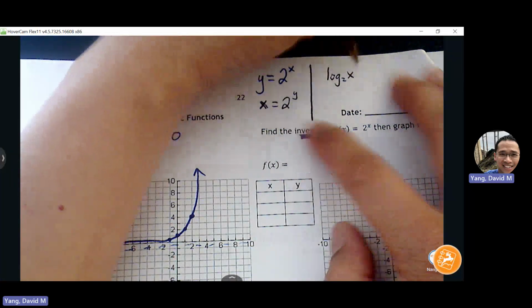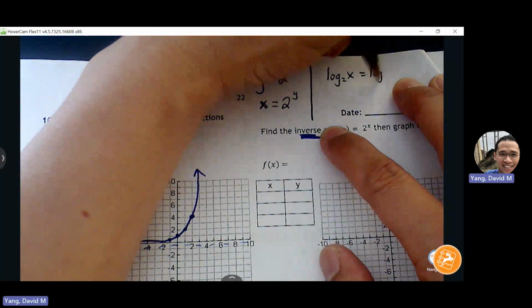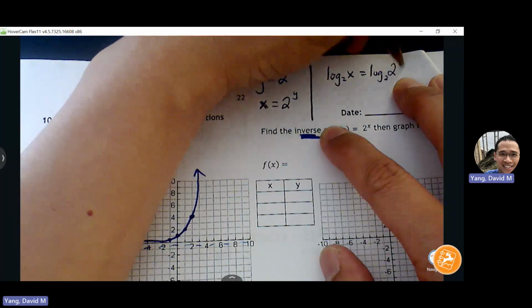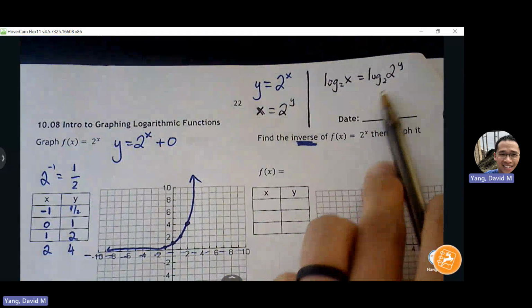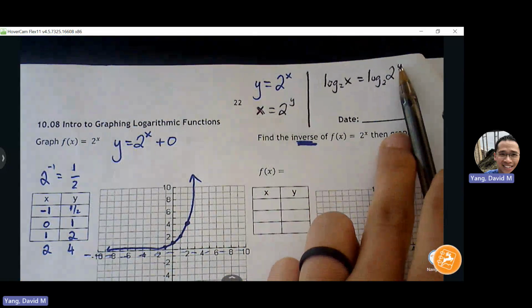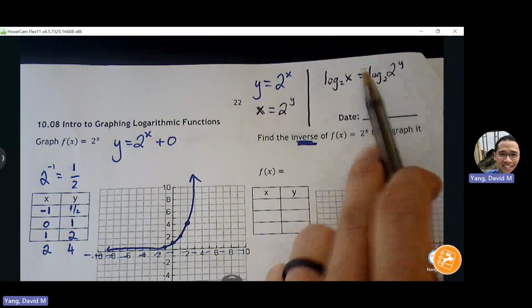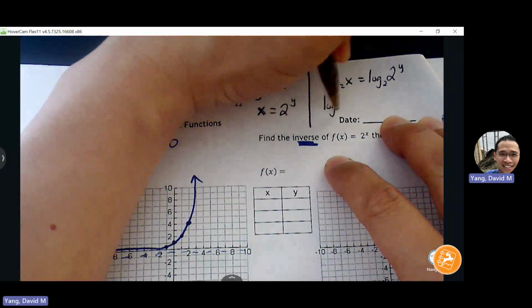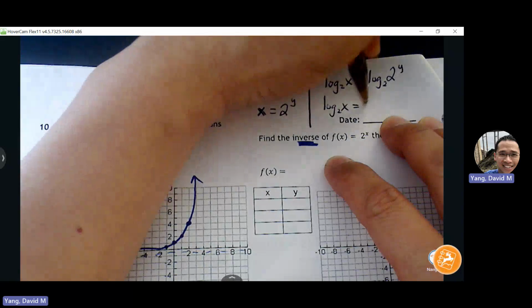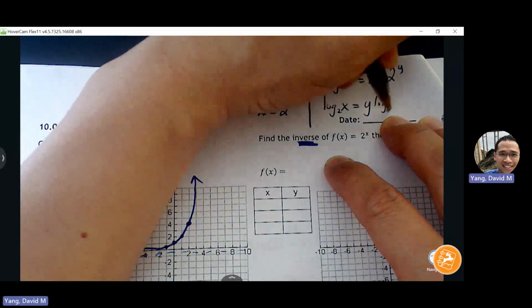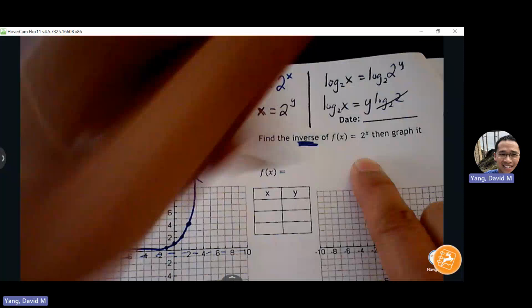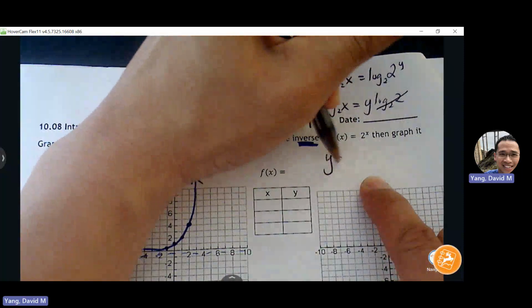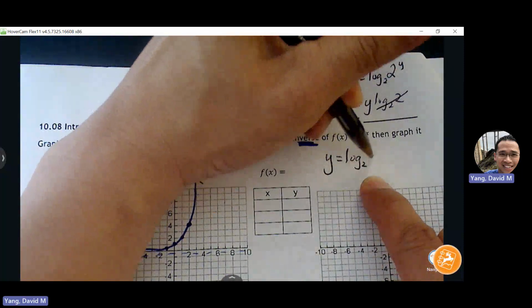I'll show you what's nice about log base 2: log base 2 of 2 will cancel out. Exponents are free to move within a log expression. So log base 2 of x is equal to y log base 2 of 2, and this goes away. So basically, my inverse function is y is equal to log base 2 of x.